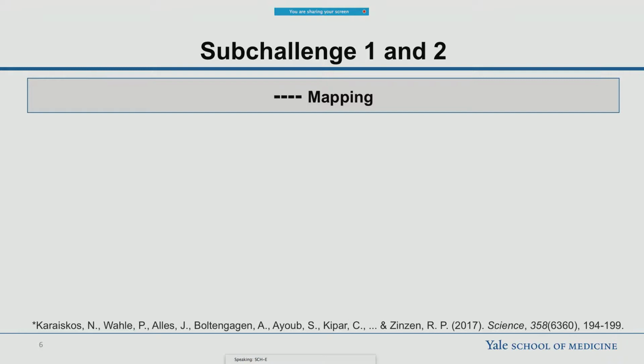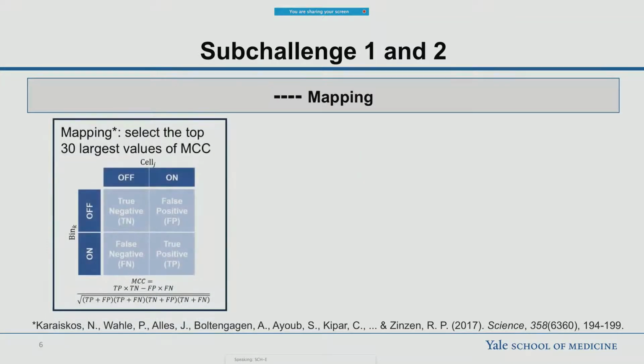Next, based on the selected gene sites, we map the cells to the positions by using the DistMap method. But rather than selecting the top 10 positions directly, we select the top 30 positions, which means the 30 positions with the maximum value of Matthews correlation coefficient.